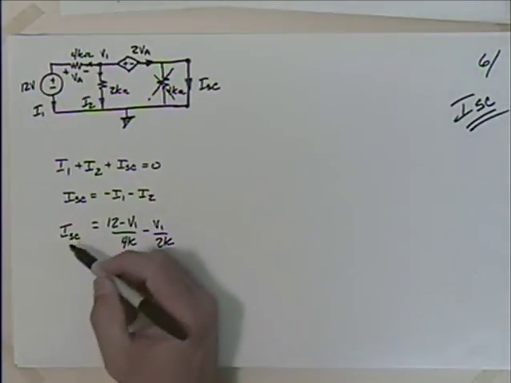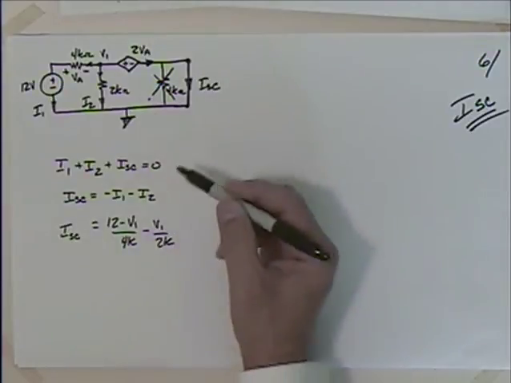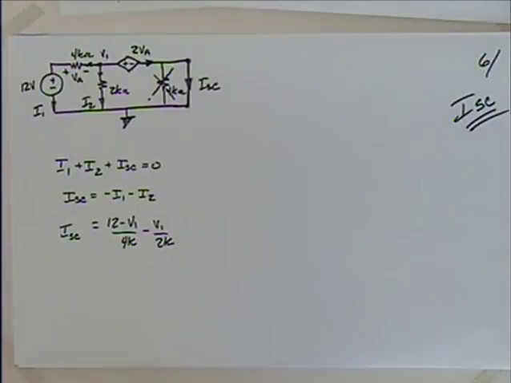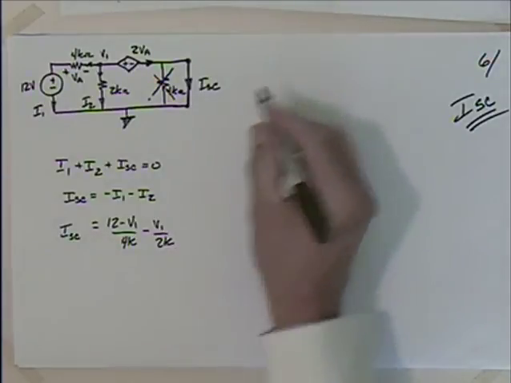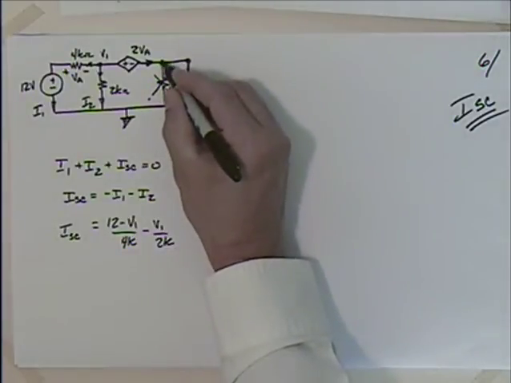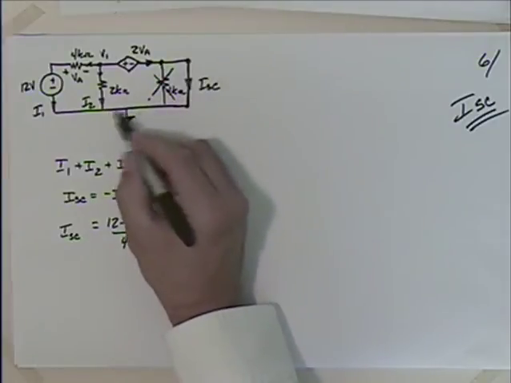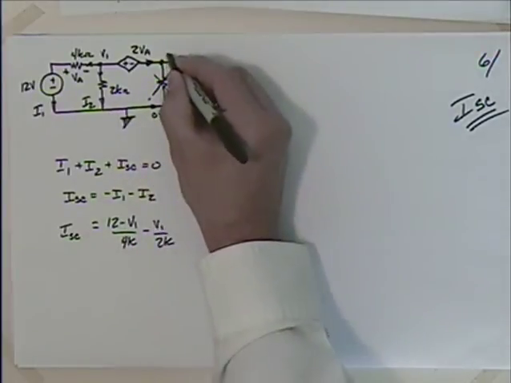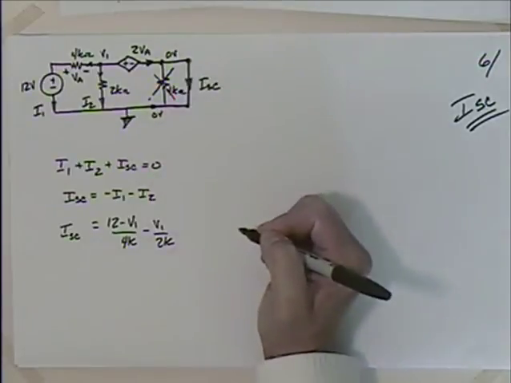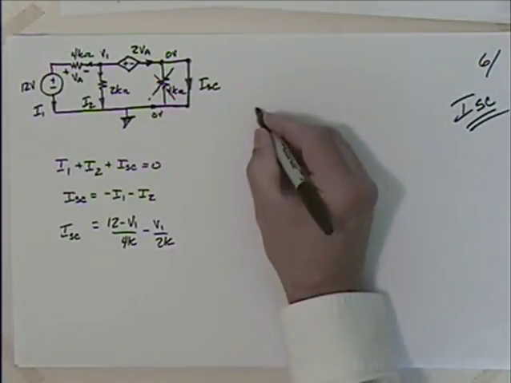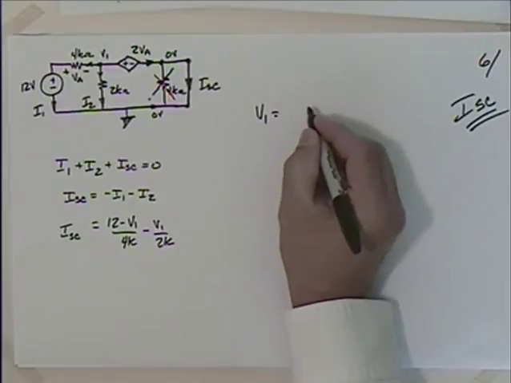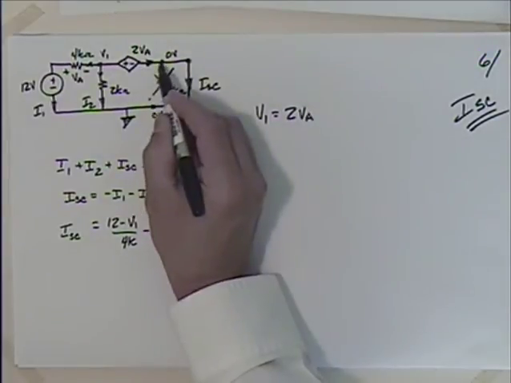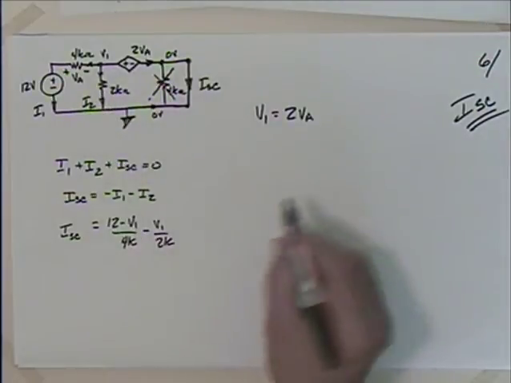Okay, so I'll leave that like that. I can't necessarily make a substitution for I short circuit. I don't know that I want to, because that's what I'm looking for. What I'd really like to try and do is find V1. So let's go over here and see if we can do that. This voltage here is essentially the same as ground. I mean, if this is 0 volts, this is 0 volts, isn't it? So I could say that V1 is really just equal to what? 2 VA. The voltage there is 2 VA.